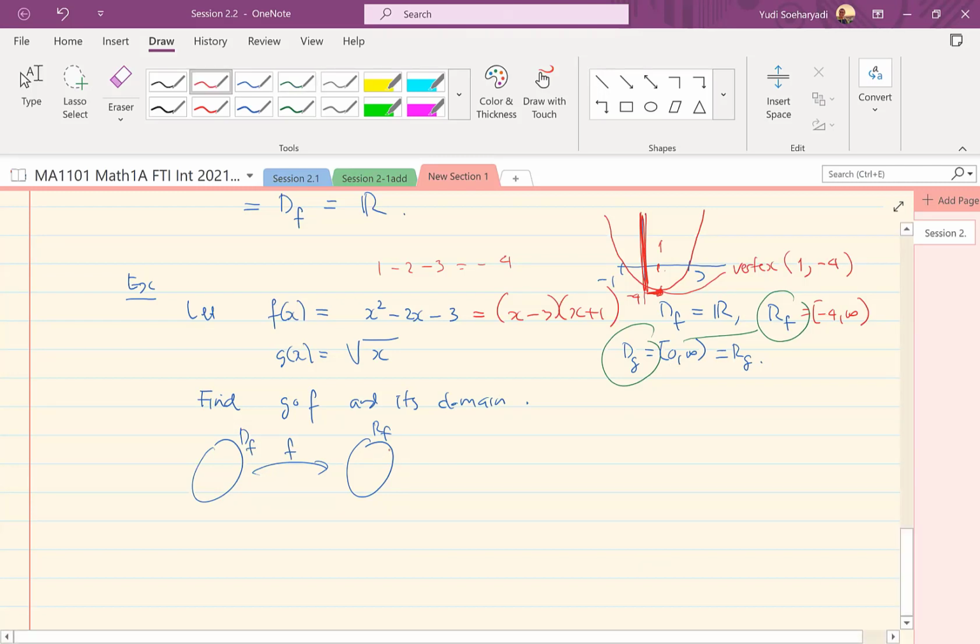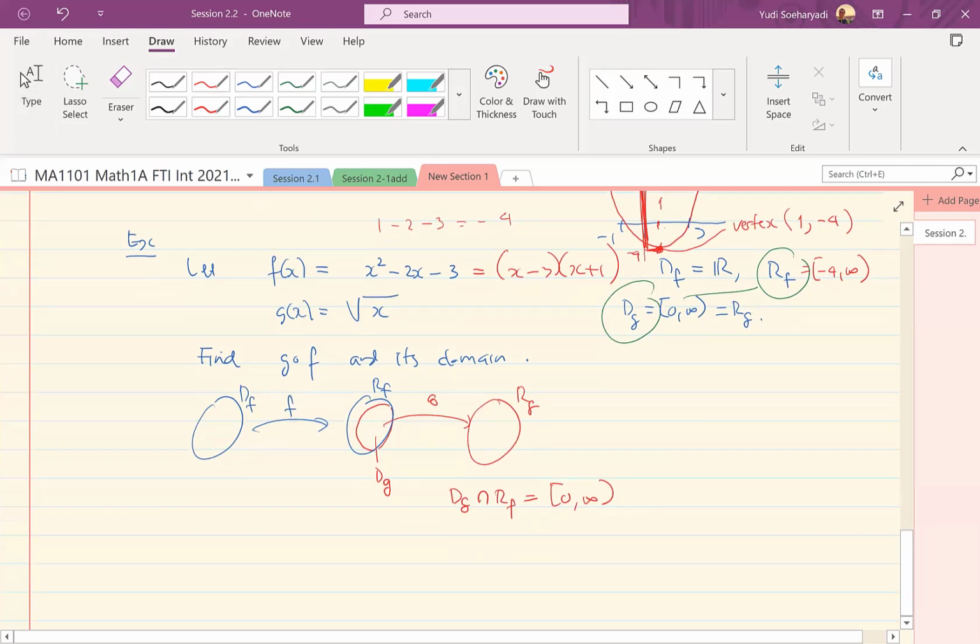So D G is just part of this. Okay, so here you have the G intersect R F is, see, just going from here is there.